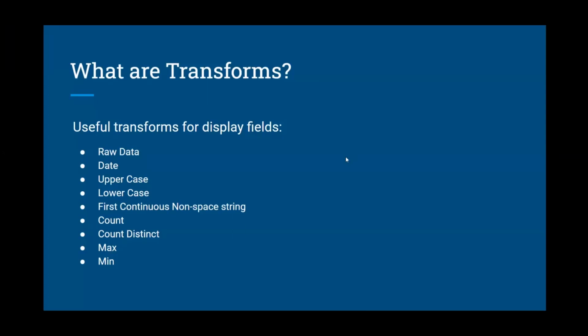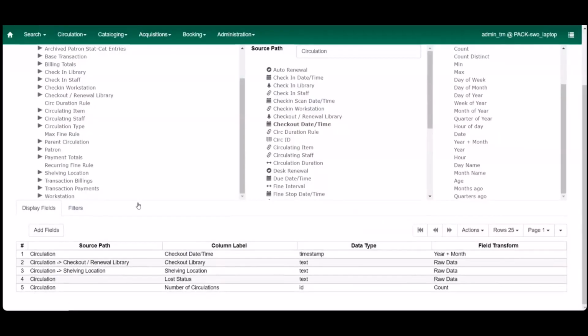Continuous non-space string is really useful in certain cases. Basically what this does is it pulls out the first word of a multi-word data field. So for example, in our current report, we are going to be looking at shelving location. And of course, our shelving locations are often things like adult fiction and juvenile fiction.